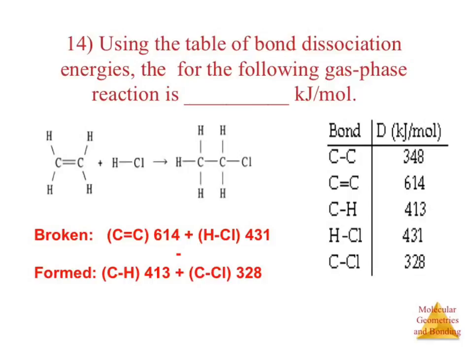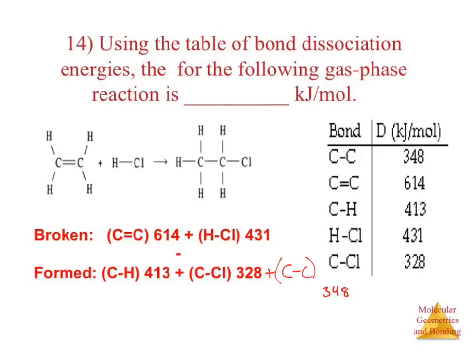You formed a carbon-hydrogen bond at 413. You form a carbon-chlorine bond at 328. And you form the carbon-carbon single bond at 348. That needs to be there. Okay, cool.